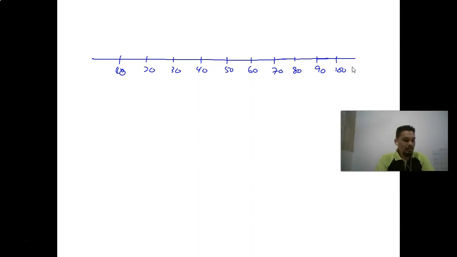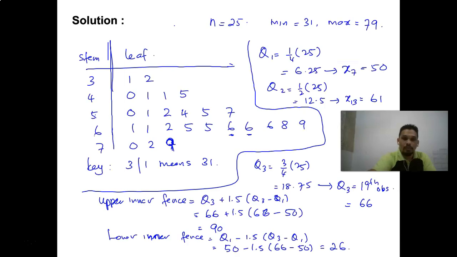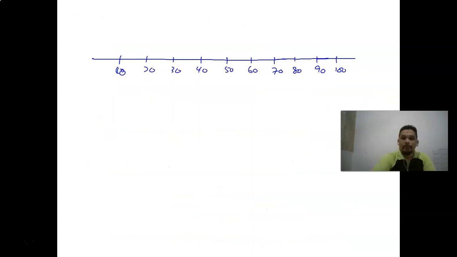Okay, so the lower inner fence just now, lower inner fence equal to 26 and upper inner fence equal to 90. Okay, lower inner fence equal to 26 and upper inner fence equal to 90.